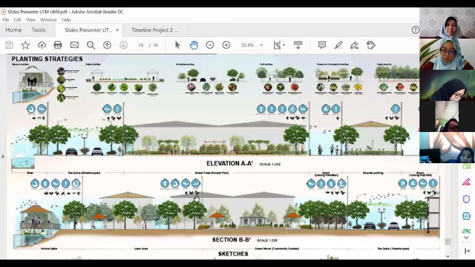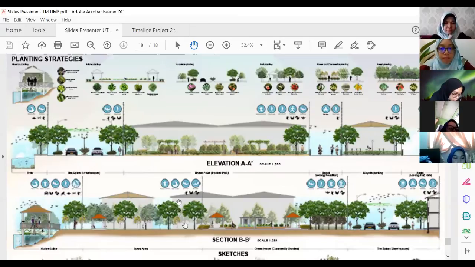And the flower and ornamental planting I use for the aesthetic view, for the user to become more comfortable at that area. So mostly in planting strategy I choose native species, which the wildlife itself can adapt to easily without any problem.